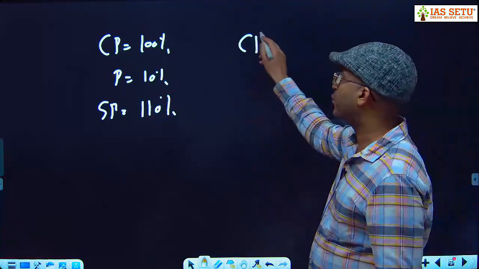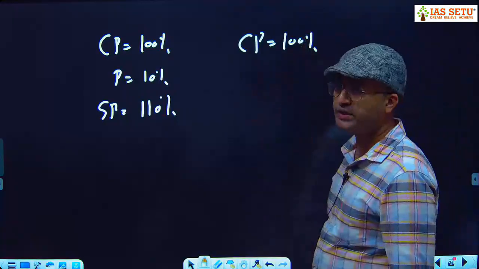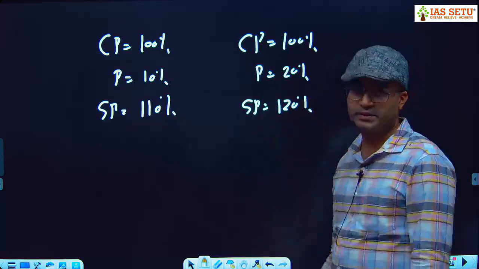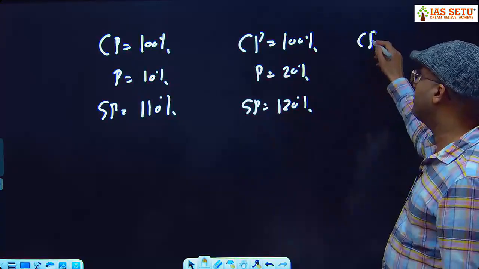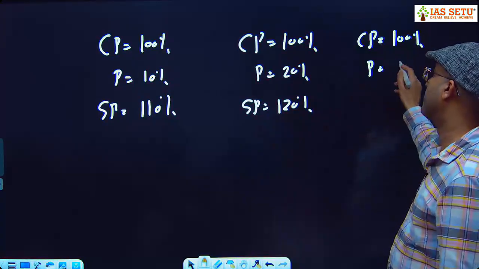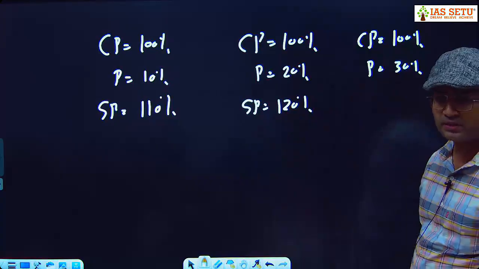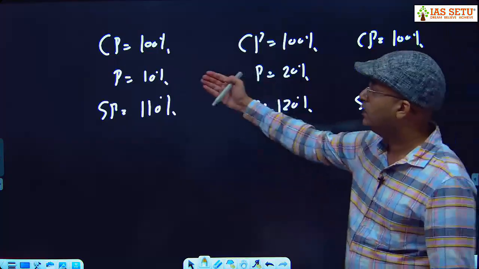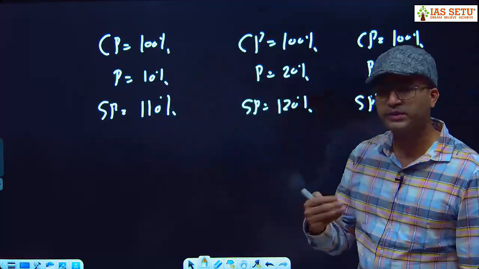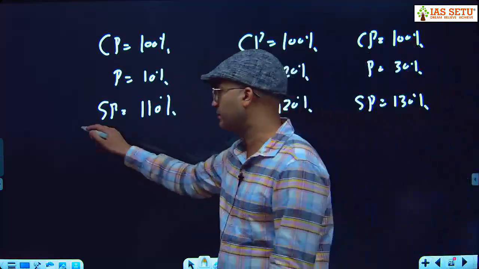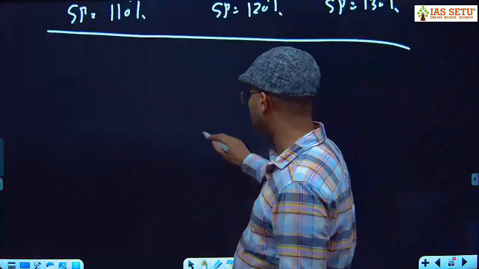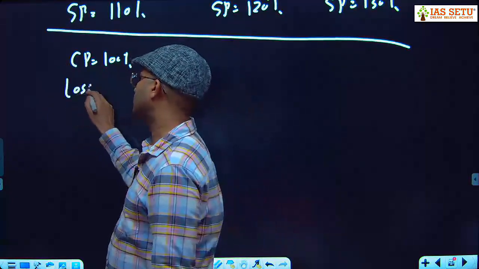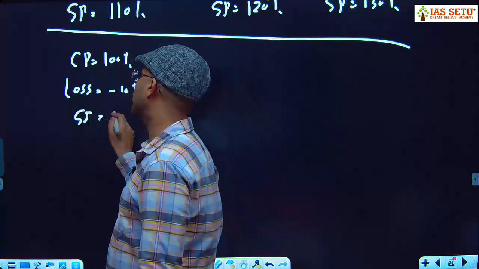Like if there is a profit 20% and I take cost price 100%, so what is the selling price here? 120%. Tell me, if profit 30%, तो व्हाट अबाउट सेलिंग प्राइस? 130%. 100% में प्रॉफिट ऐड कर दो, सेलिंग प्राइस परसेंटेज में आ जाएगा, लॉस वी डिडक्ट। Like here I take cost price 100%, if loss 10%, what will be selling price? 90%.